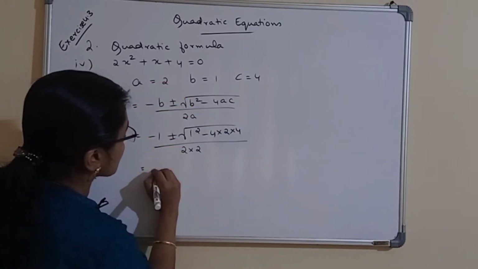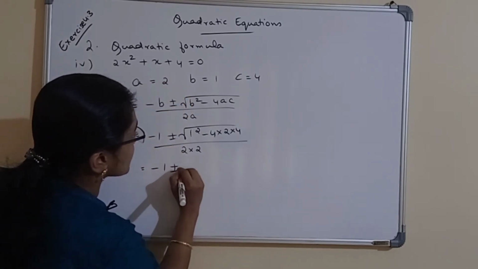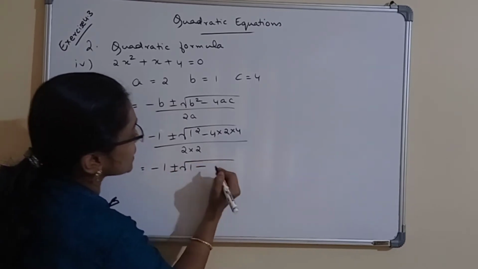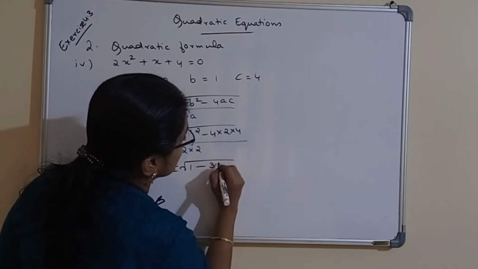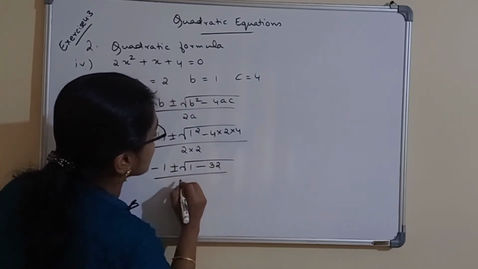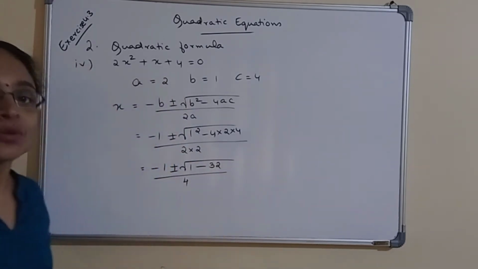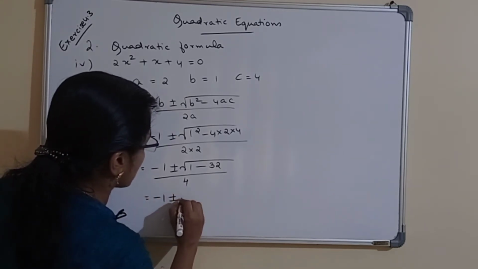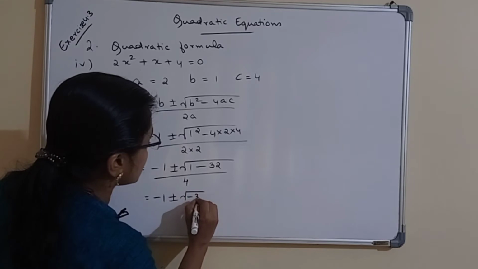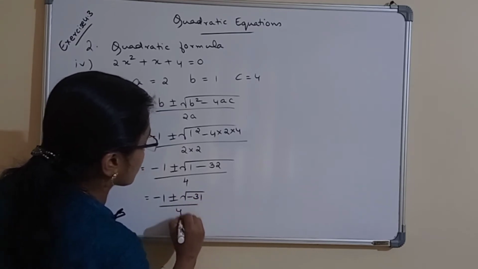So, this is equal to minus 1 plus or minus root of 1 minus 16 into 2 is 32 by 4. 2 into 2 is 4. So, this is equal to minus 1 plus or minus root of minus 31 by 4.